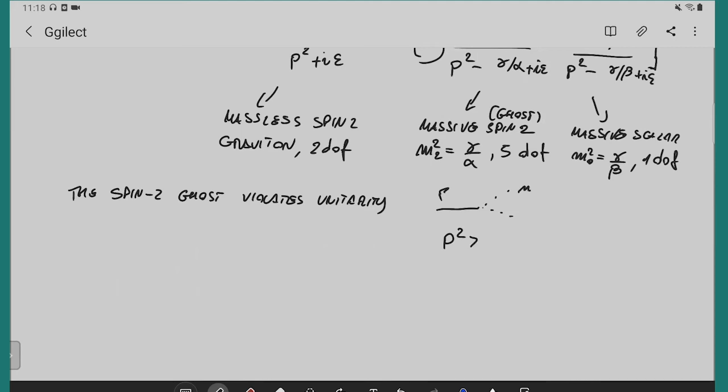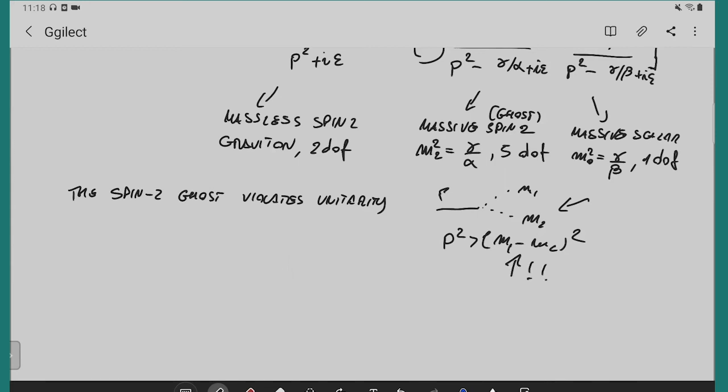Let's say this is m1 and this has mass m2. This has to be (m1 plus m2) squared. This is a kinematical threshold for this decay to appear. In theories with ghosts like this one, you will have this, but with negative probability. You can exchange negative probability for instability. So you will have this with a minus.